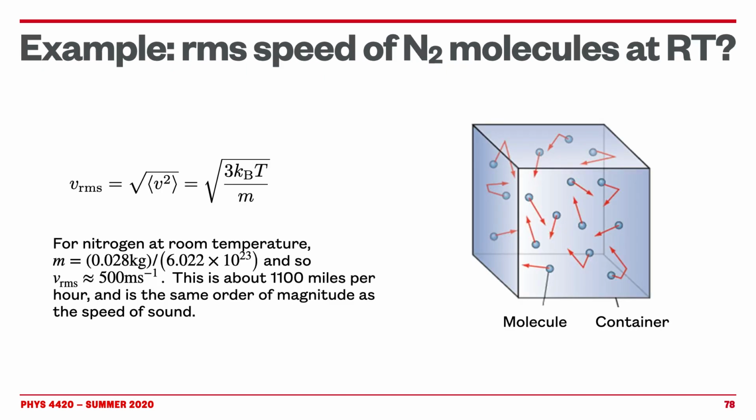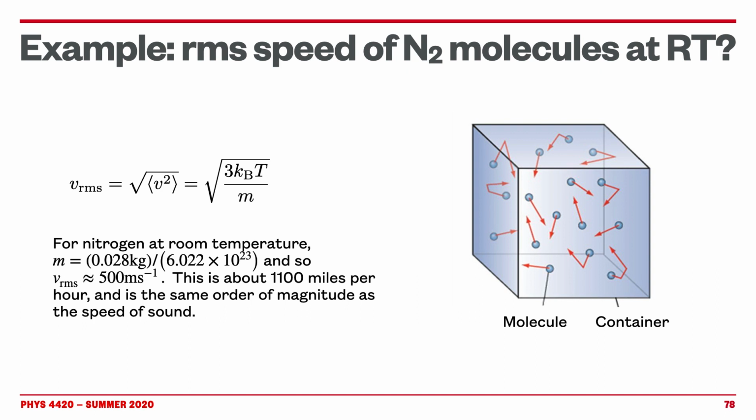but instead I'm going to show you an example of how to calculate the root mean square speed of a nitrogen molecule at room temperature. You see that the only thing that we have to worry about in terms of the nitrogen molecule is the mass. kB is a constant, T is a parameter of the problem.